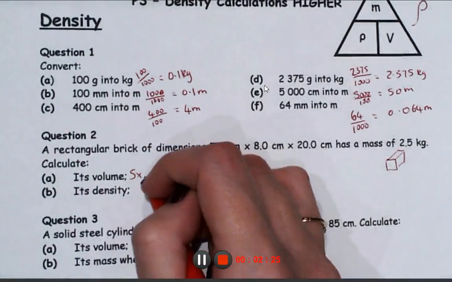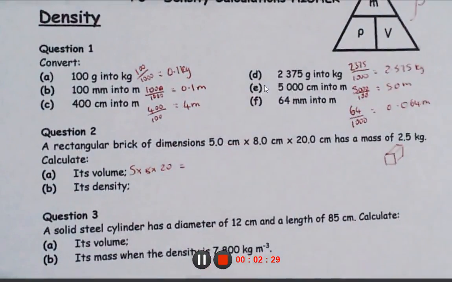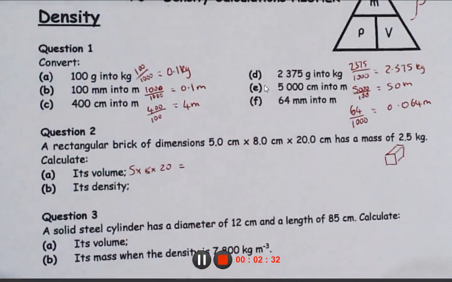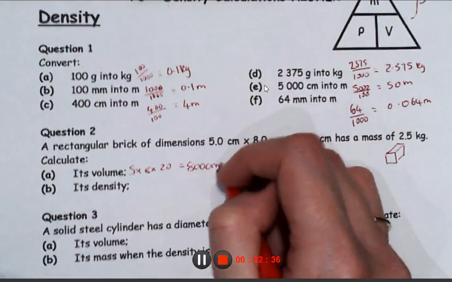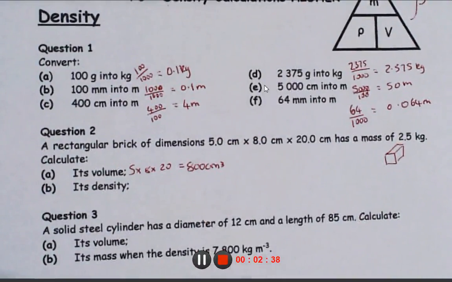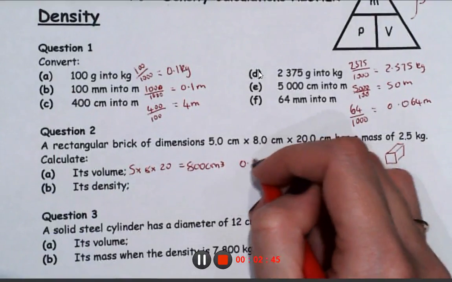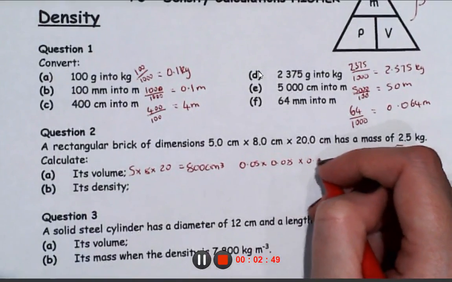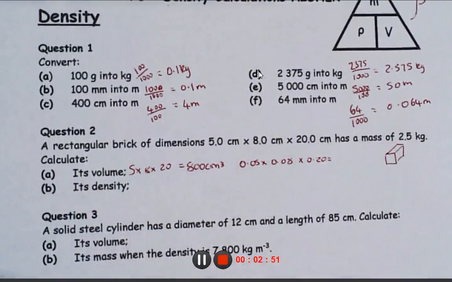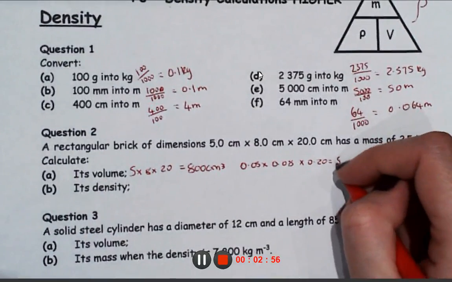So 5 by 8 by 20 is 800 centimetres cubed. If you do it in metres cubed, okay, you need to convert these into metres. So that's 0.05 times 0.08 times 0.20, okay, which is 8 times 10 to the minus 4 metres cubed.